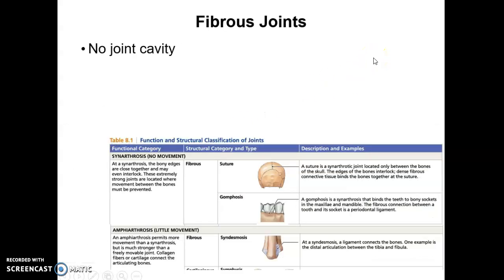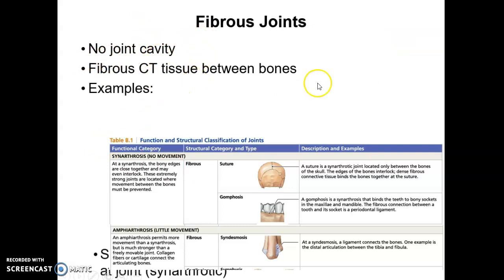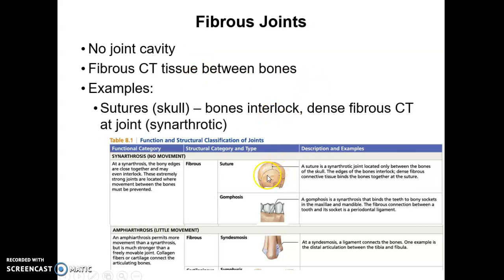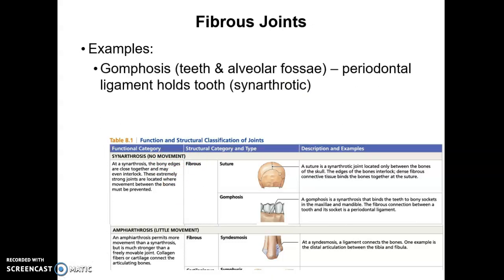So let's look at fibrous joints. They're bound together with fibrous connective tissue between the bones. Examples would be the sutures in the skull. The bones interlock and there's dense fibrous connective tissue at the joint, making it a synarthrotic joint, meaning no movement. Or a gomphosis.